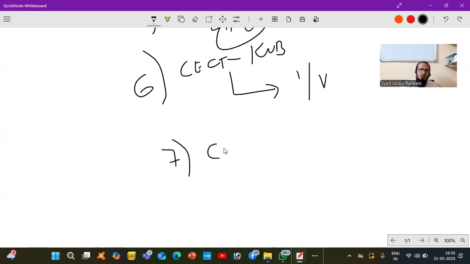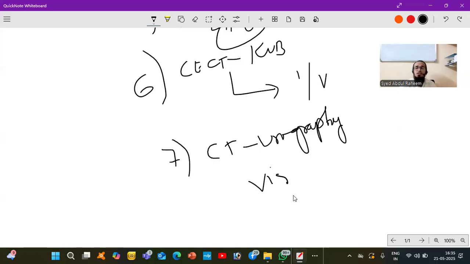another type of scan. Other than CECT, you have plain CT urography, for visualization of all the tracts, mostly the ureter and urethra. So it depends upon the patient's condition and financial condition that we advise the scan.